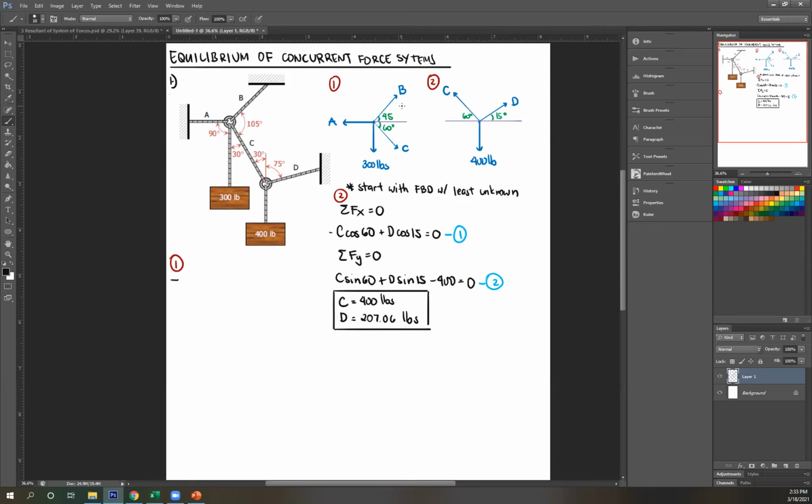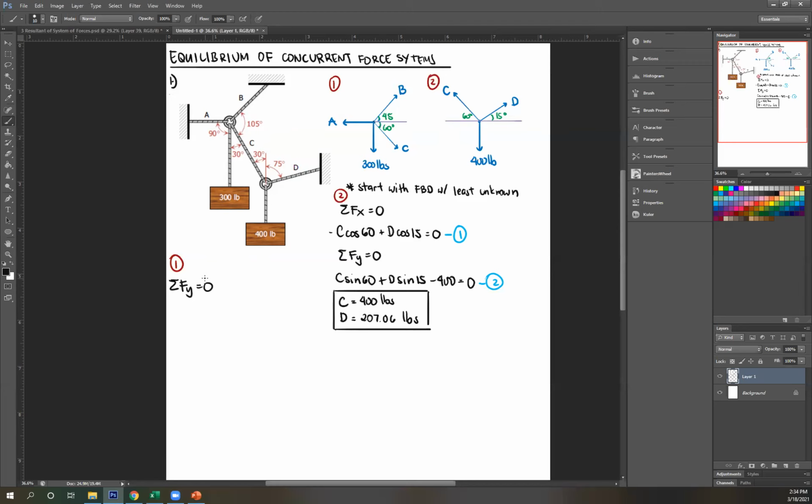Usually you want to start with the equation that's gonna solve something. So if I try summation of forces vertical equals 0, I don't have to include A. There's no vertical component. So I'm left with unknown B. And C is known already. It's 400. So the only thing unknown is B. But if I do summation of forces X, the unknown will be A and B. So that's why I'm going to start with summation of forces Y equals 0.